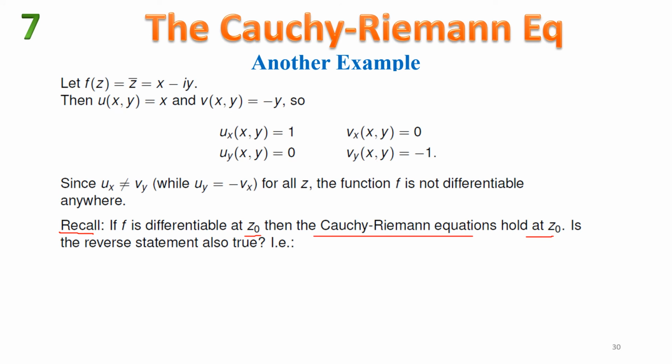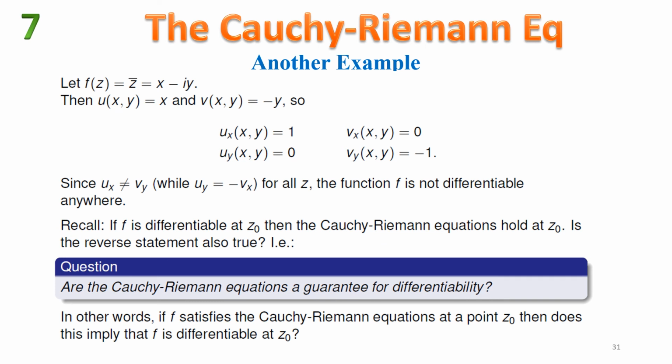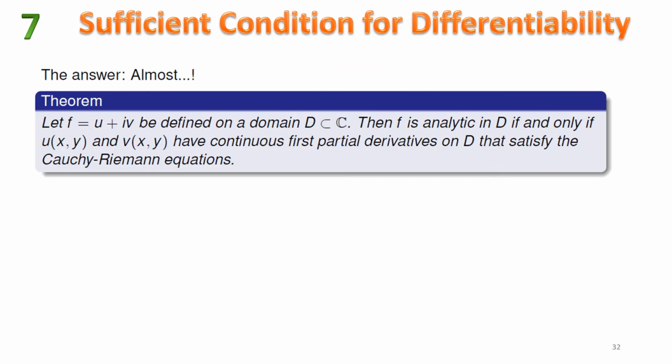Is the reverse statement also true? My question is, are the Cauchy-Riemann equations a guarantee for differentiability? The answer is almost yes. Let's go through a theorem. Let f equal to u plus iv be defined in the domain T that belongs to the set of complex numbers.